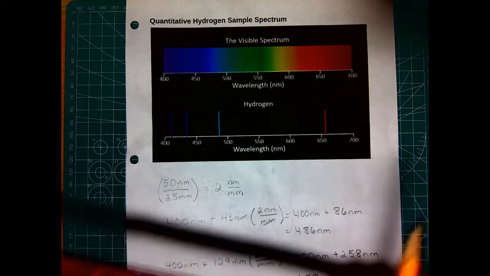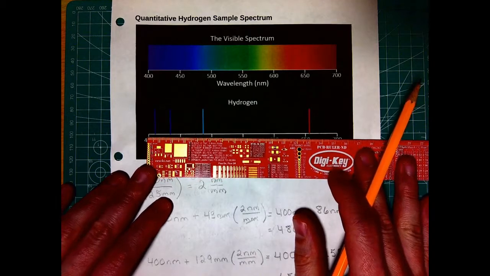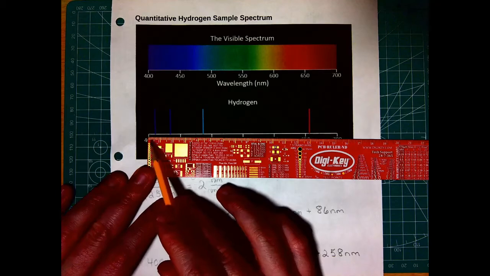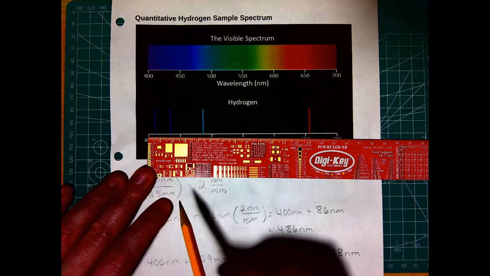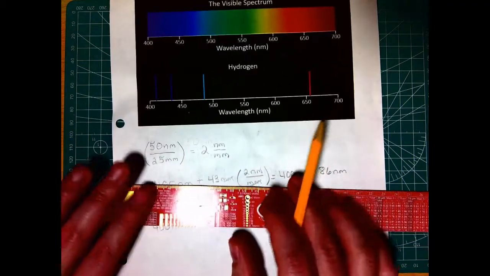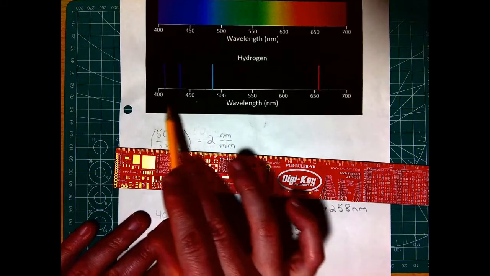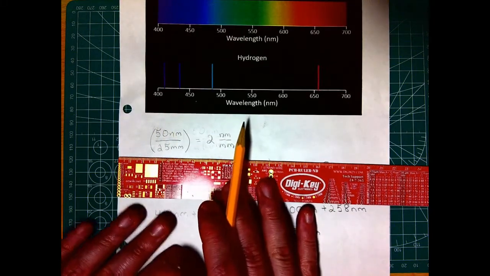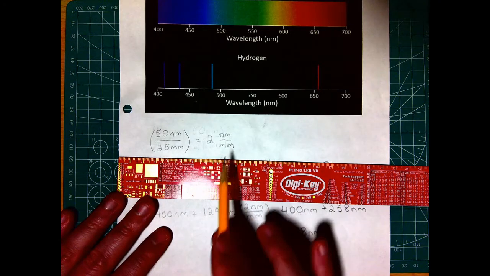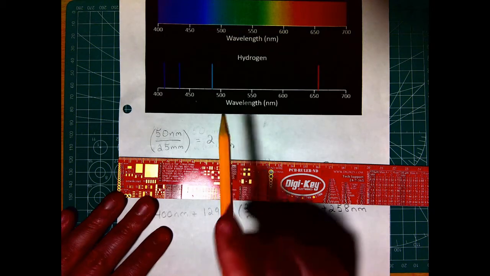We can put our ruler down on there, and we'll see that this distance is pretty much perfectly 25 millimeters. Our conversion factor, therefore, is going to be 50 nanometers, the difference between those two points, divided by 25 millimeters, or 2 nanometers per millimeter. And we have a very convenient conversion factor that we can use here.